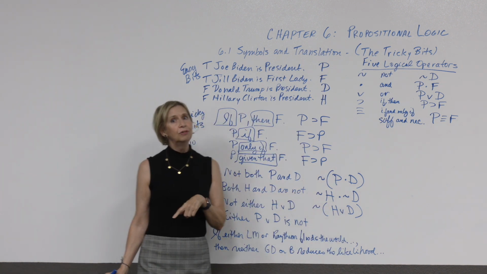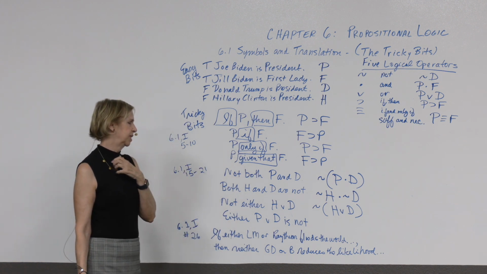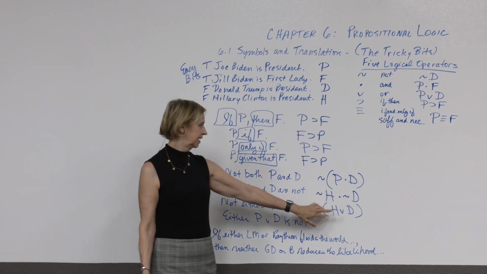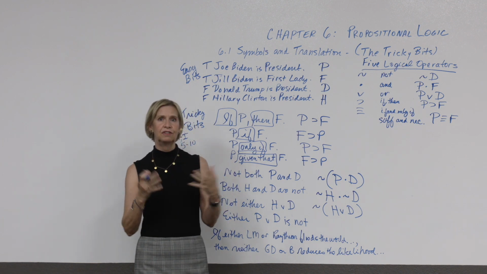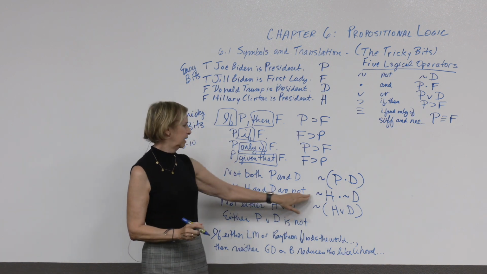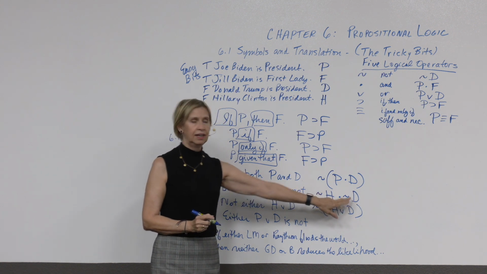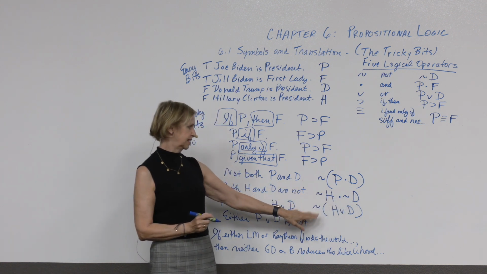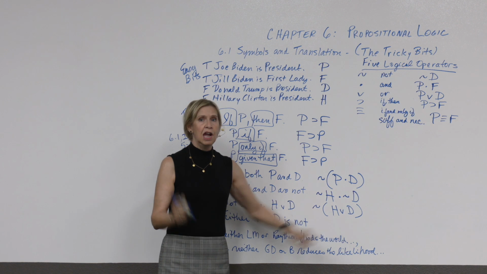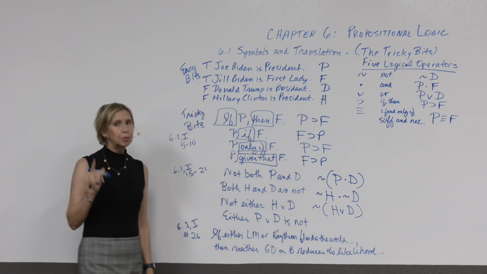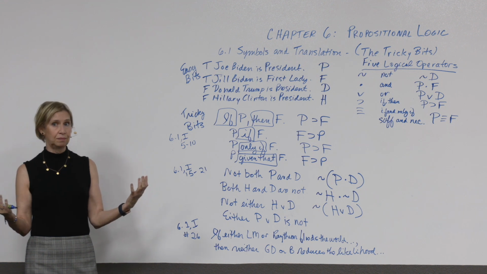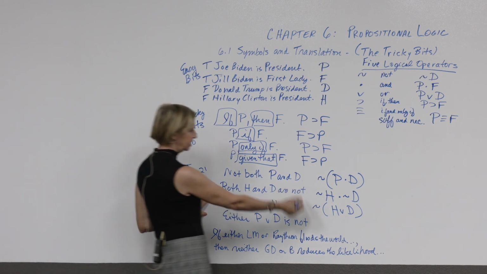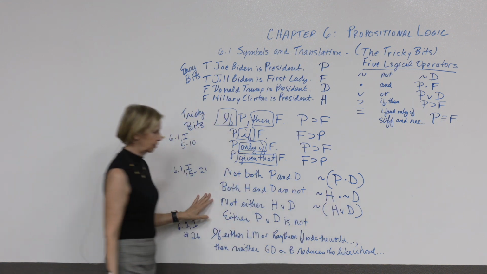Now later on, when we get to chapter 7, you're going to learn that according to Augustus de Morgan, who first codified this, to say that both of them are not is the same, logically, as saying it's not the case that either. But when you're symbolizing, symbolize it correctly, even though they logically have the same outcome. Okay, so these two are actually logically equivalent.